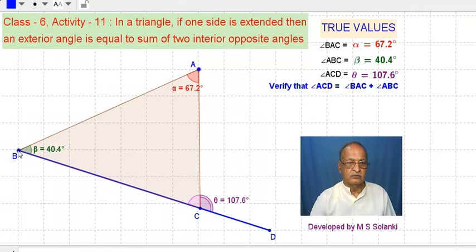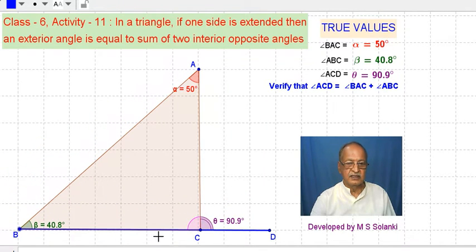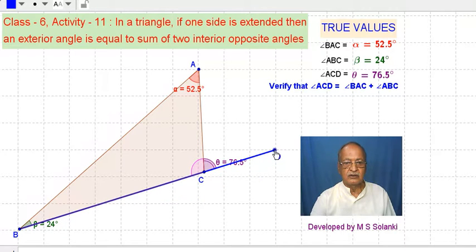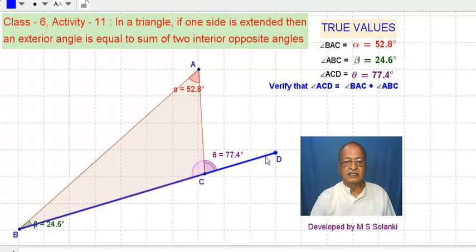Now, our next observation: we can drag this point D here. Now you can note down this value and check.